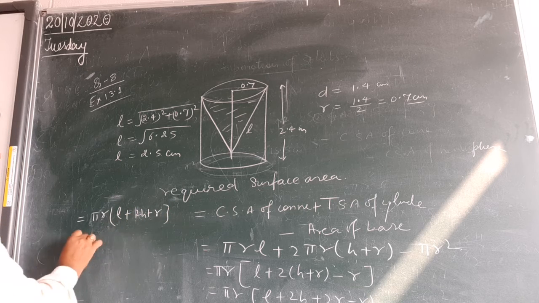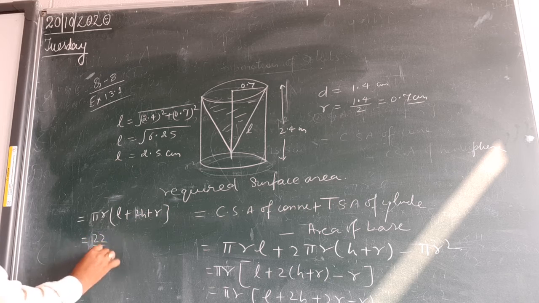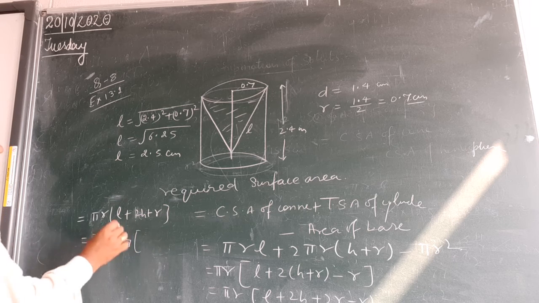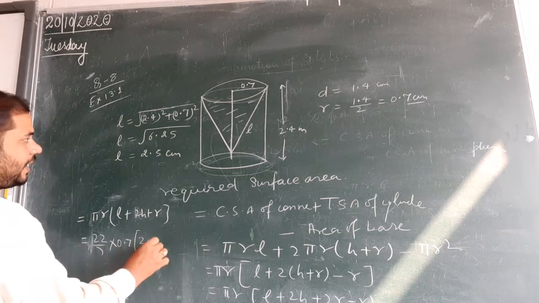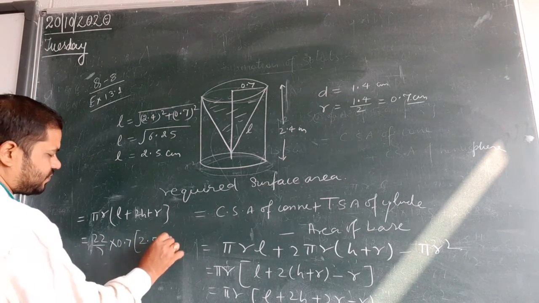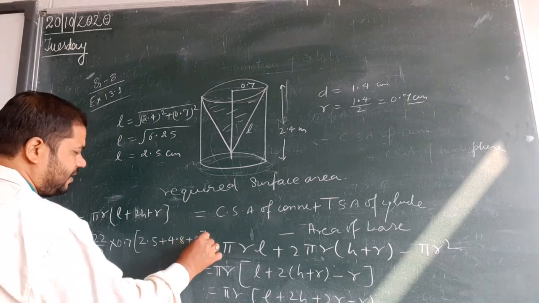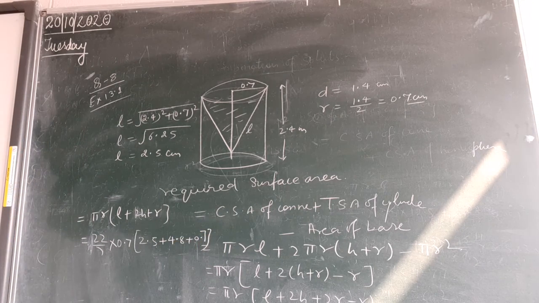So put the value 22/7. r is what? 0.7. L is what? 2.5. Height is what? 2.4. That means plus 4.8 plus r is 0.7. Okay. Clear? So you calculate.